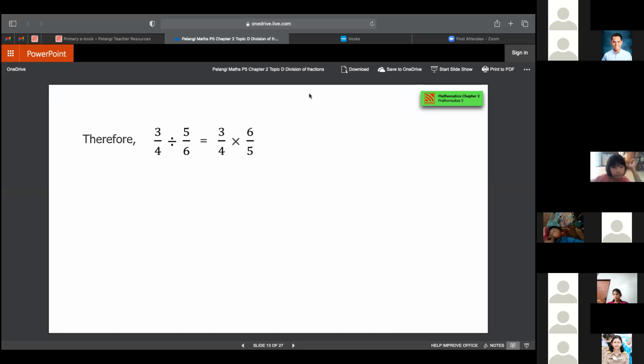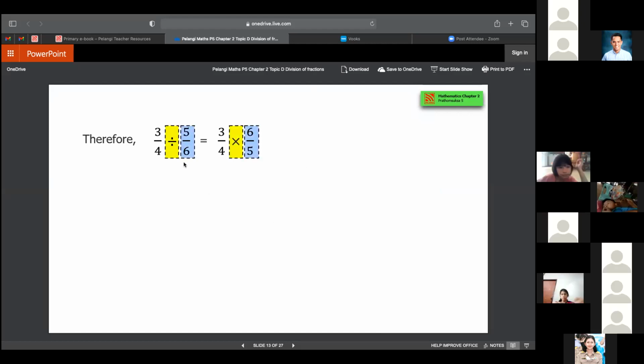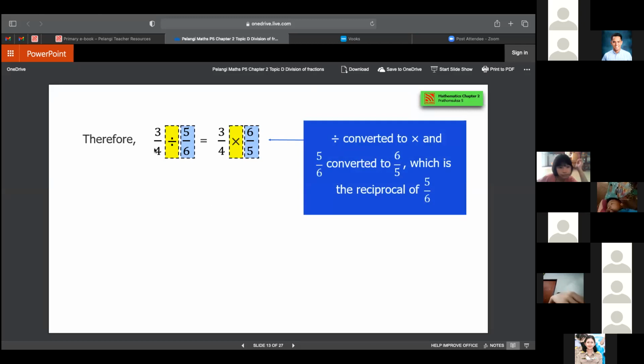Then change to multiplication and get the reciprocal of 5/6, which is 6/5. First, you change division to multiplication and then get the reciprocal of the second fraction. 5/6 will become 6/5. The first fraction, 3/4, does not change.